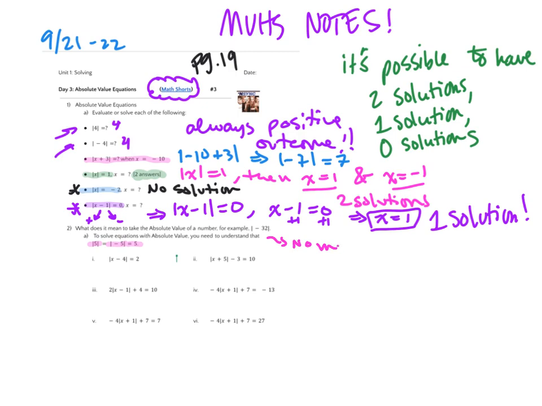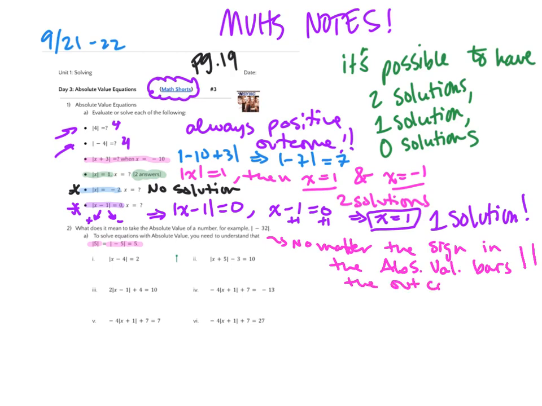No matter the sign in the bars, and I'm going to write abs val for shorthand, I'm going to call those bars, the outcome has to be positive.